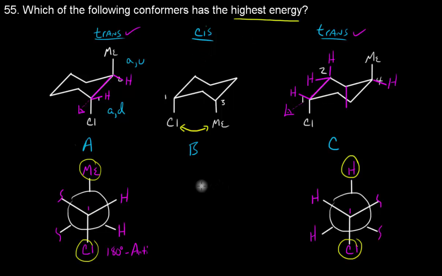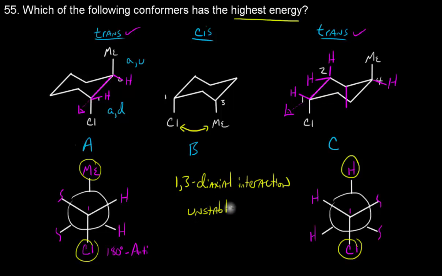Okay, so of these, A and C are quite stable actually, but example B is extremely unstable because it's in this 1,3 diaxial interaction positioning. So this has a 1,3 diaxial interaction, and it's going to be extremely unstable.